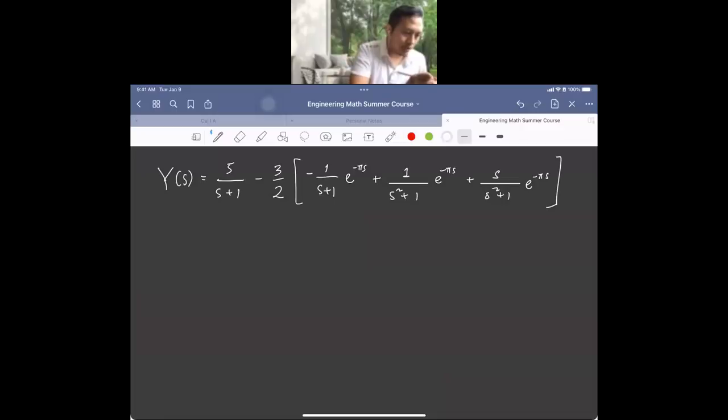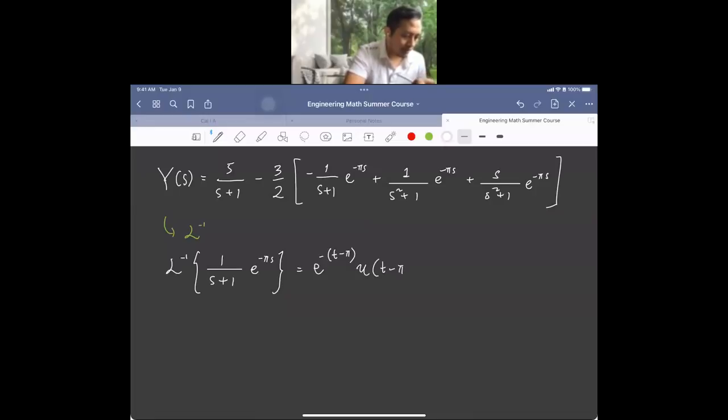And then we can do the Laplace inverse. So Laplace inverse of 1 over s plus 1 times e to the power of negative pi s is going to be e to the negative (t minus pi), right?